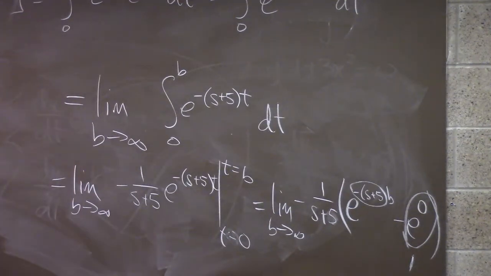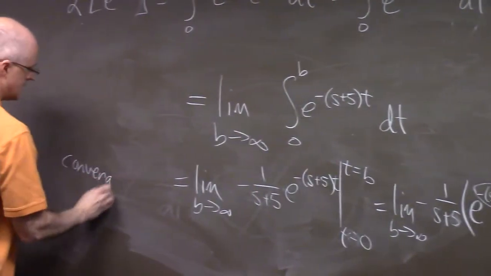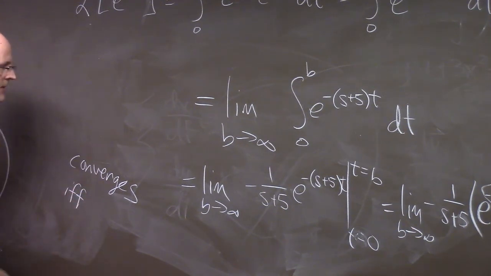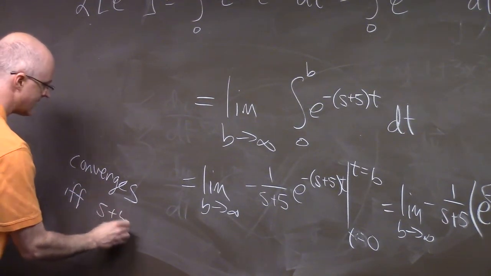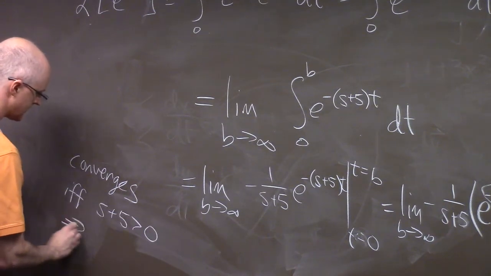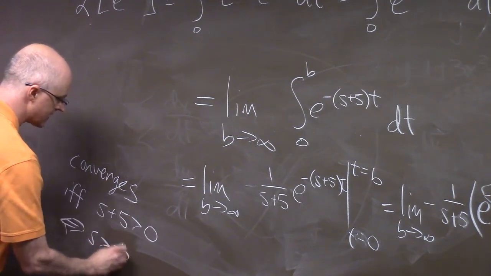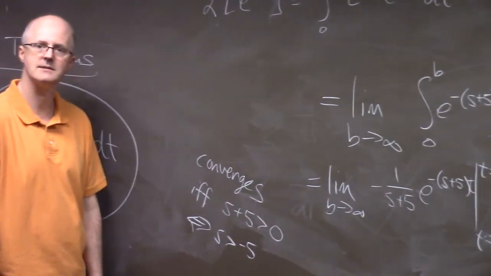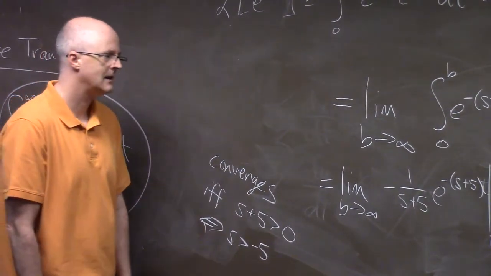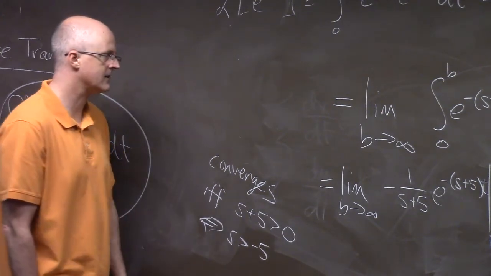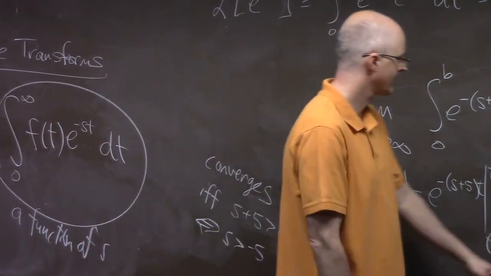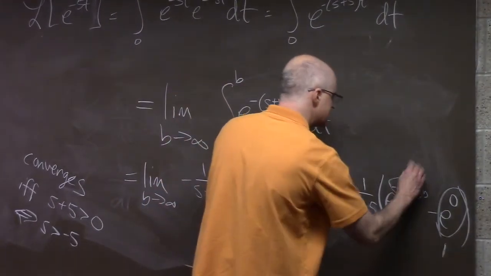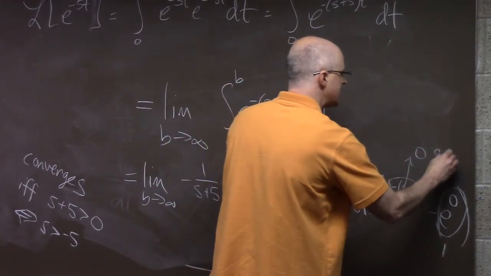This converges if and only if s plus 5 is greater than 0, which is equivalent to s being greater than negative 5, and diverges otherwise. In the case where s is greater than negative 5, what is the limit? Here I'll be more like a physicist: this thing goes to 0 as b goes to infinity.